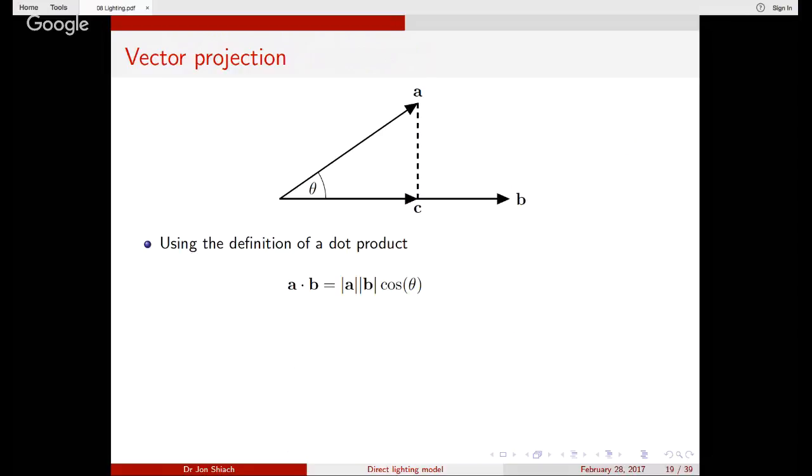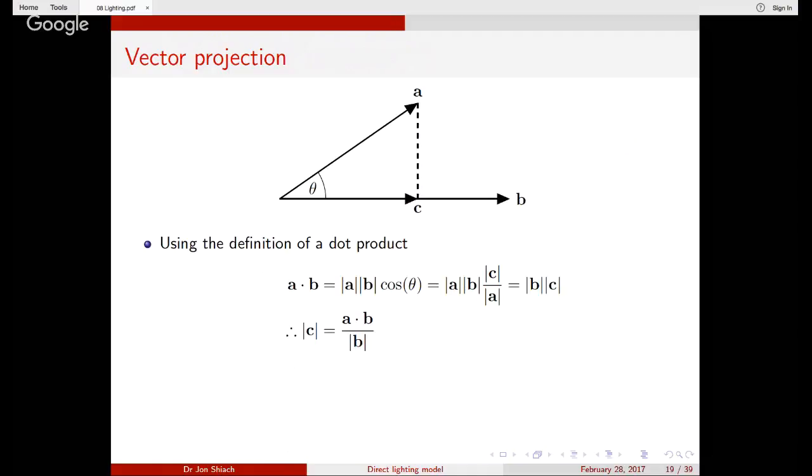Using the definition of a dot product as before, cos theta is adjacent over hypotenuse. The adjacent side is the length of vector C, and the hypotenuse is the length of vector A. So I can replace the cosine with magnitude of C over magnitude of A, but you can see that magnitude of A is just going to cancel out with that A there. So we've got magnitude of B times magnitude of C.